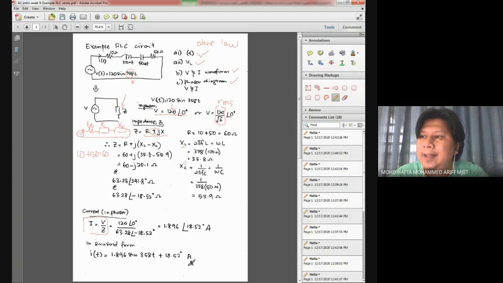And for XC, same goes for XC. You don't need to find the value of frequency because here omega is given. Now XC is given by 1 over 2 pi FC, or 1 over omega C. And the value here is 55.9. If you look at the value, yes, it is a positive value.